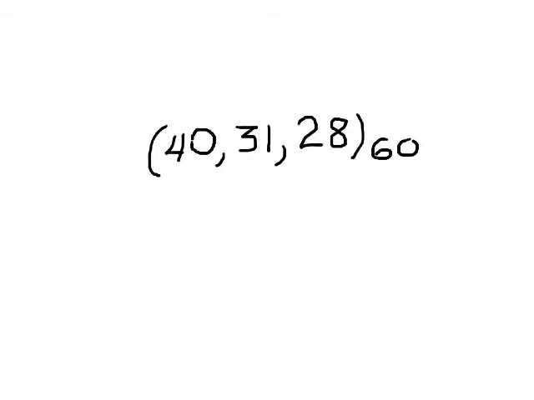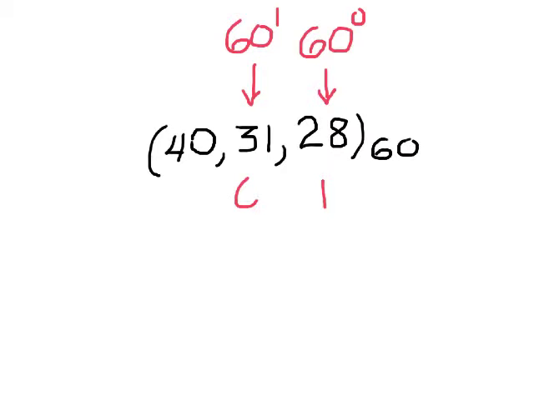In particular, this first number here, 28, is in the 60 to the 0 space, which is really the ones place. 60 to the 0 is equal to 1. Moving to the left, this next number is in the next power up. So this is 60 to the 1, and of course 60 to the first power is 60.